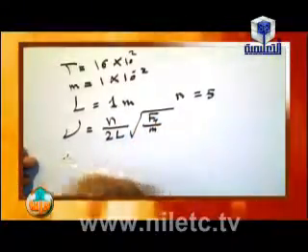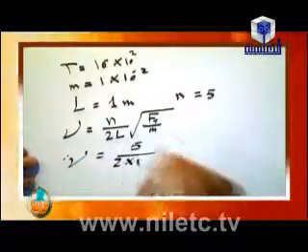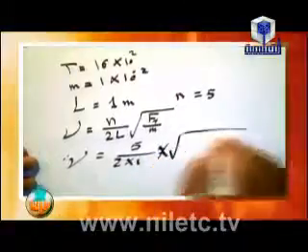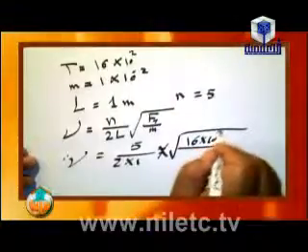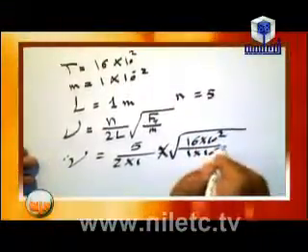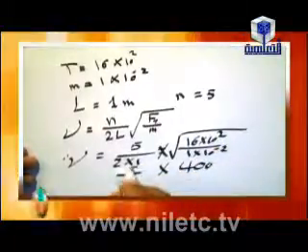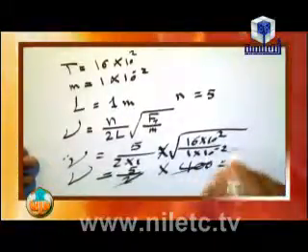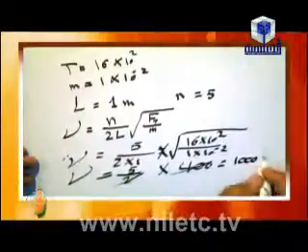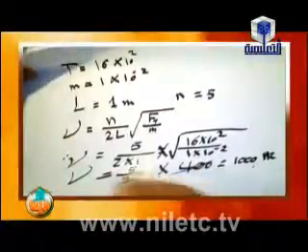Then nu equals 5 over 2 times 1, the length of the wire, times root of 16 times 10 power 2 over 1 times 10 power negative 2. This value equals 400. We can cancel, and nu equals 1000 hertz. The frequency when the string gives 5 segments is equal to 1000 hertz.